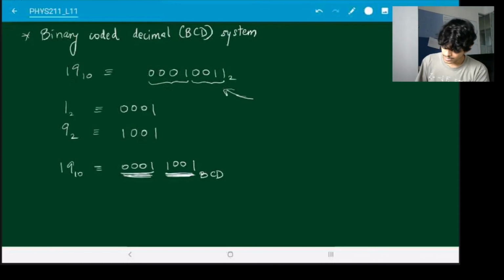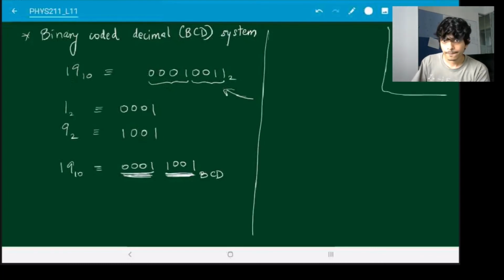Let's take one more example. Let's take 31. So 31 decimal in binary is 16, 8, 4, 2, 1.